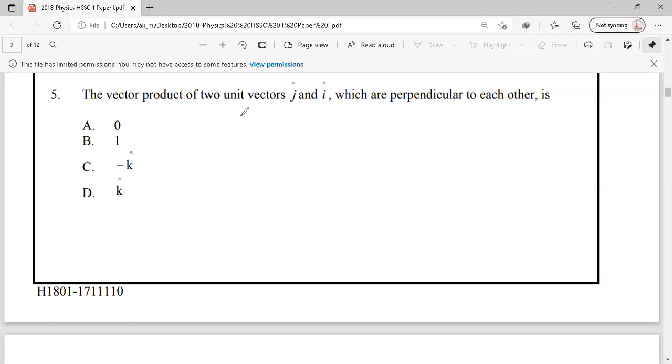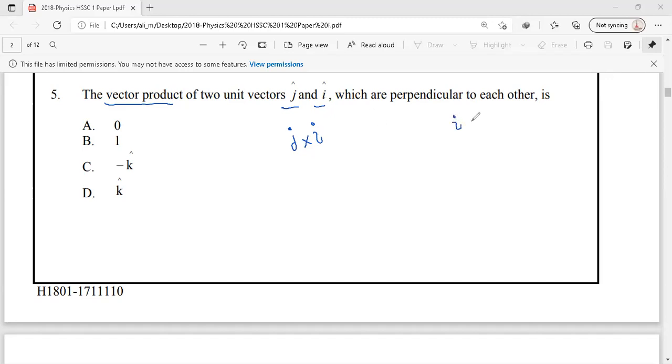Let's see question number 5. The vector product of two vectors j and i. So vector product है हमारे पास j और i का, which are perpendicular to each other. So obviously j and i are always perpendicular, and for perpendicular vectors the vector product is always maximum.